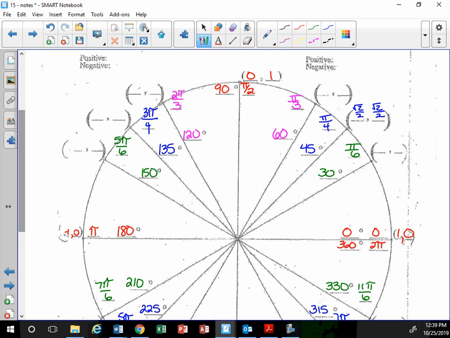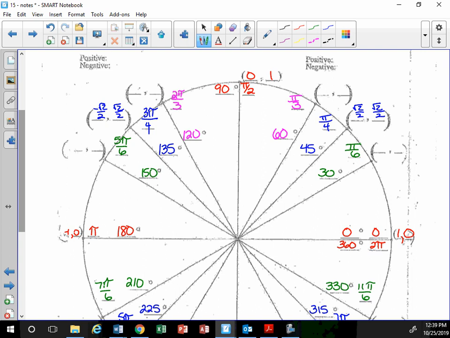So let's think about it. If I look at all the ones I have in blue here, what is the only thing that's going to change from quadrant to quadrant for those? The signs. Okay, so in the second quadrant, I'm still using the root 2 over 2, but what is the actual point going to be? Which one's negative? Yeah. So you have negative root 2 over 2, root 2 over 2.